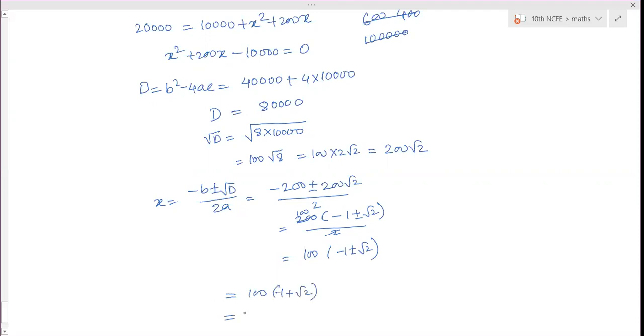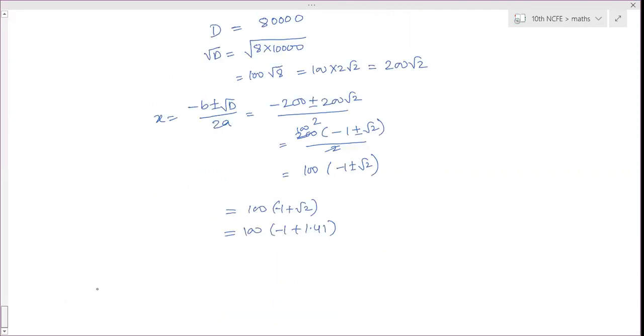So this is equal to 100 into minus 1 plus 1.41, so it is 0.41 into 100, that is approximately 41.4%. Clear? Yes, ma'am.